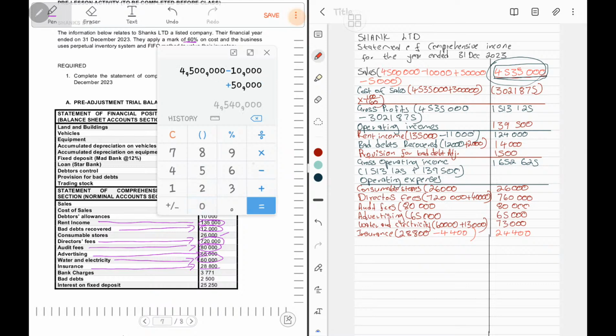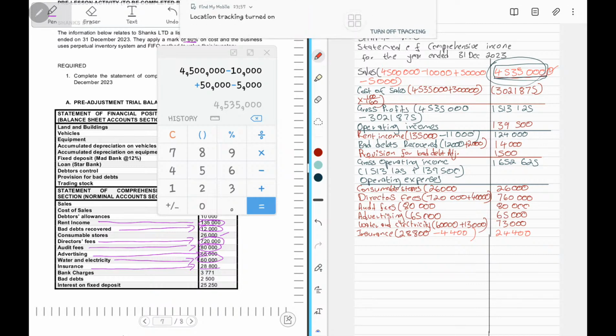Then again we subtract the 5,000, then that gives us 4,500,000 and 35,000, which is this one. So I don't know what's wrong with yours. Maybe it's because you made some errors with the zeros. Try to look, revise your zeros and check if there is no mistake there. I hope you can hear me. That is how I calculated it, Mkhize.